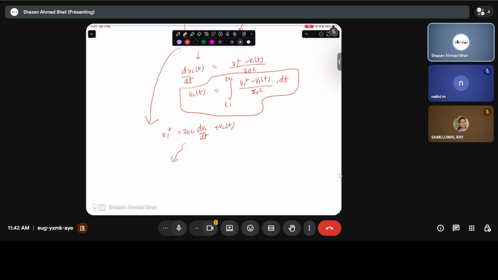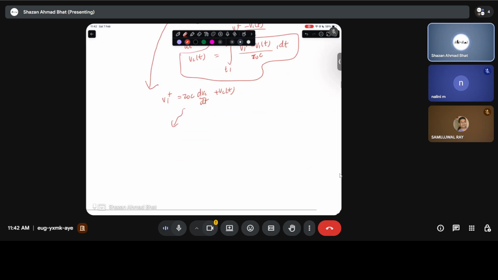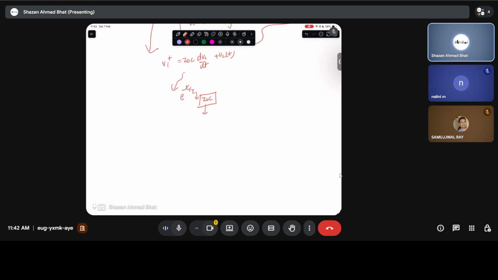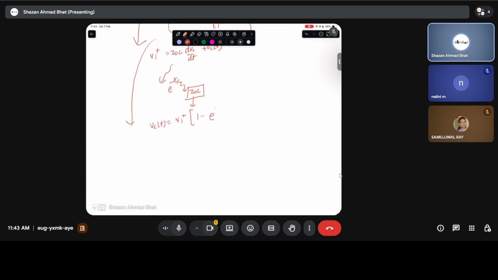If you solve such a differential equation, the solution will be of the type e to the power minus t by tau, where tau is Z naught times C. So this is the time constant I was talking about. It is a resistance times a capacitance, and the solution of this differential equation is V1 plus times (1 minus e to the power minus (t minus td) divided by tau) times u of t minus td.